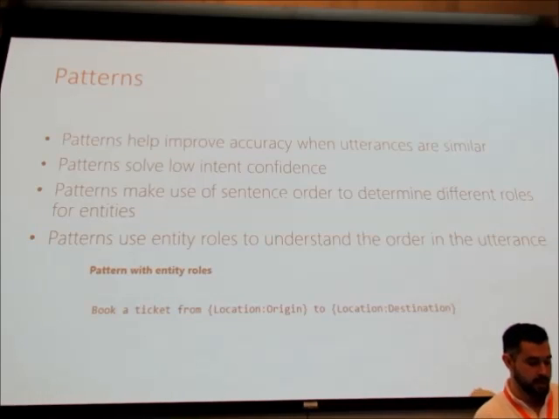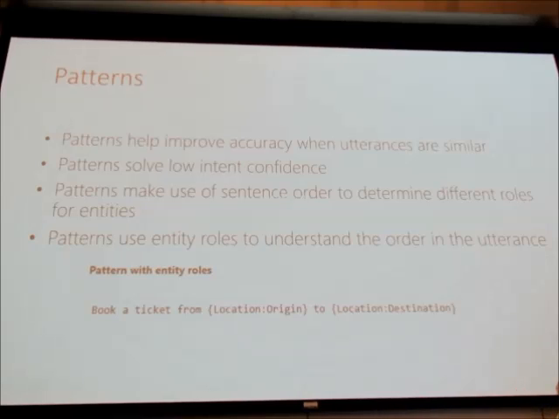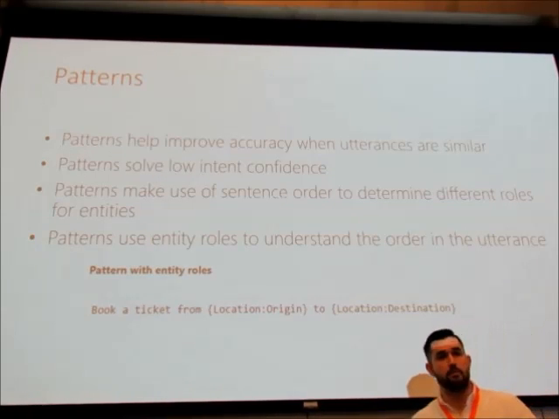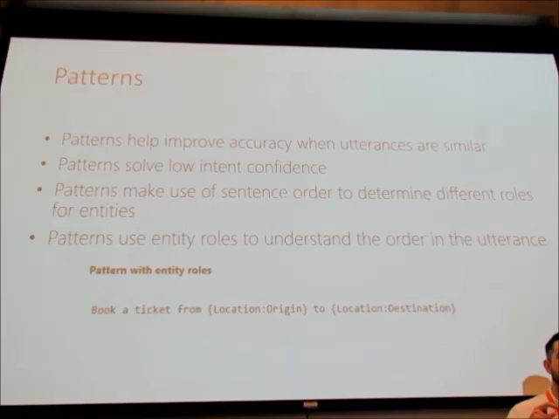If we're booking a flight, for example, from one place to the other, we understand that usually we're going to say the origin entity first, and then the destination. If I'm saying from somewhere to something, I'm telling LUIS, hey, I understand this pattern. There's a template on this string that I'm trying to interpret, and if you see this kind of format, here's another hint that we're trying to book a flight.